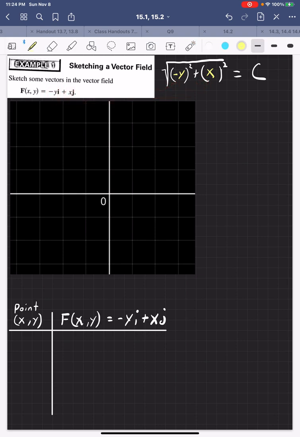So that would be the square root of y squared plus x squared is equal to c. In other words, y squared plus x squared is equal to c squared.